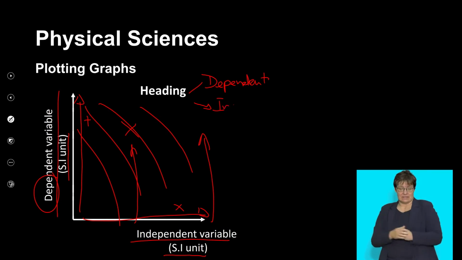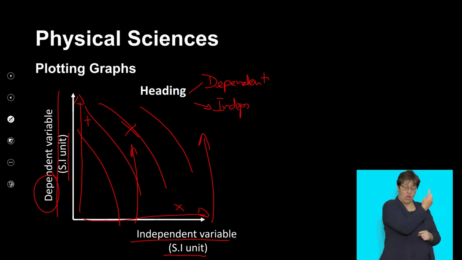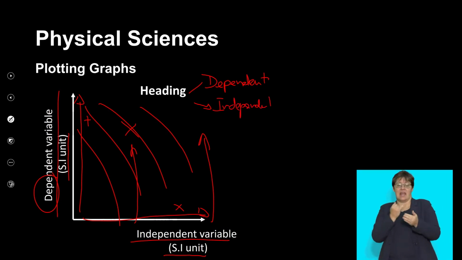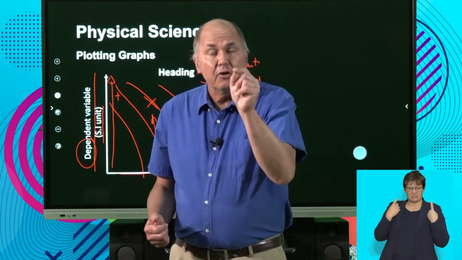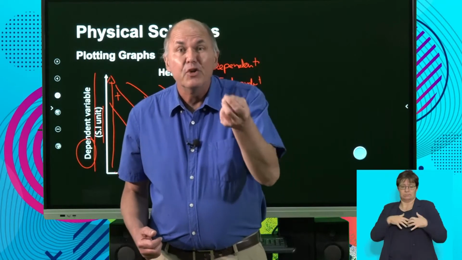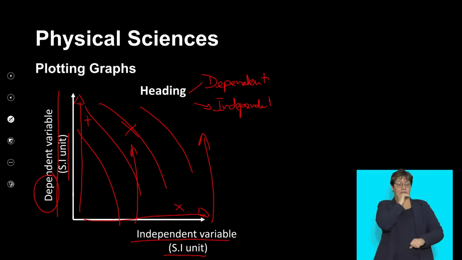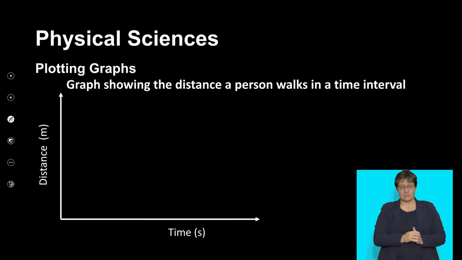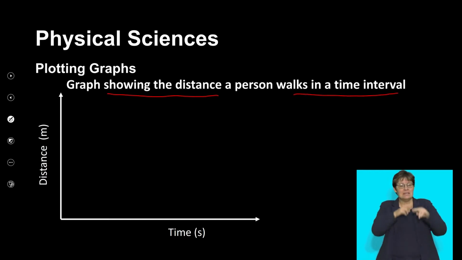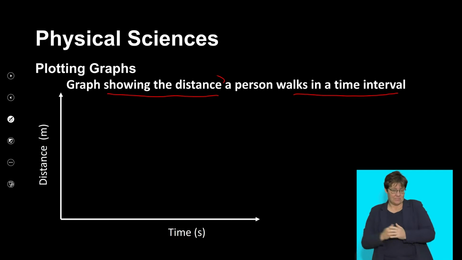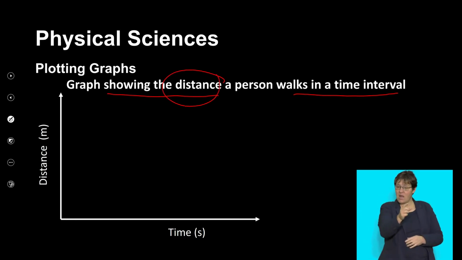So we usually say dependent variable first, then the independent. Now, I know this is all quite generic and quite theoretical. Let's go and look at a practical example so you can see exactly what I mean. If we are given the idea of a graph showing the distance a person walks in a certain time interval, the word distance is the output.